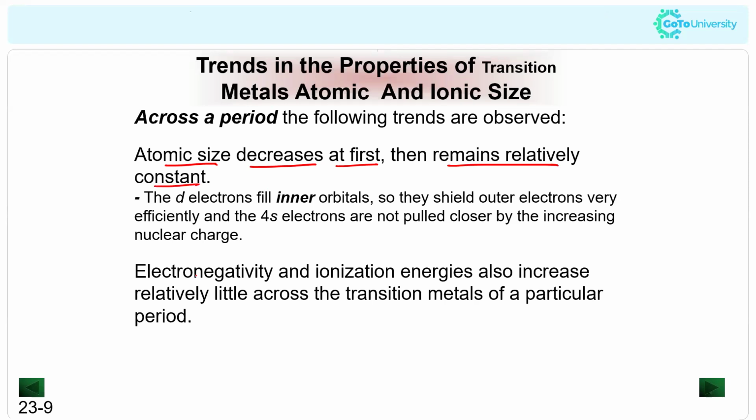And in case of electronegativity and ionization energy, also the same phenomenon we can see. Electronegativity and ionization energy also increase relatively little across the transition metals of a particular period. So these are also important. Okay, please note down these points.